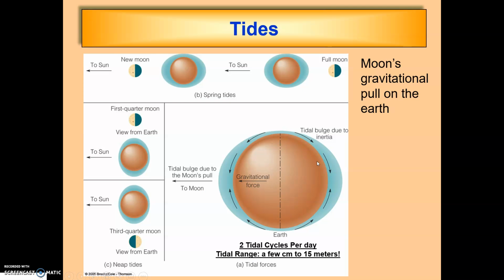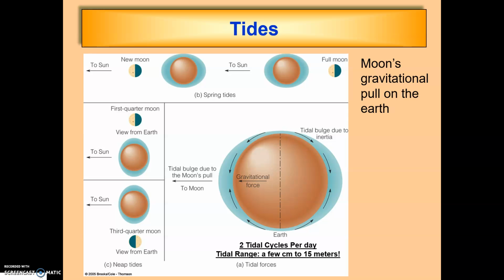So tides, we want to talk about what tides are. You've probably heard about tidal forces and when low and high tide occurs. Essentially, tides form as a result of the moon's gravitational pull on the earth. There are 2 tidal cycles per day, and they range anywhere from a few centimeters to 15 meters.